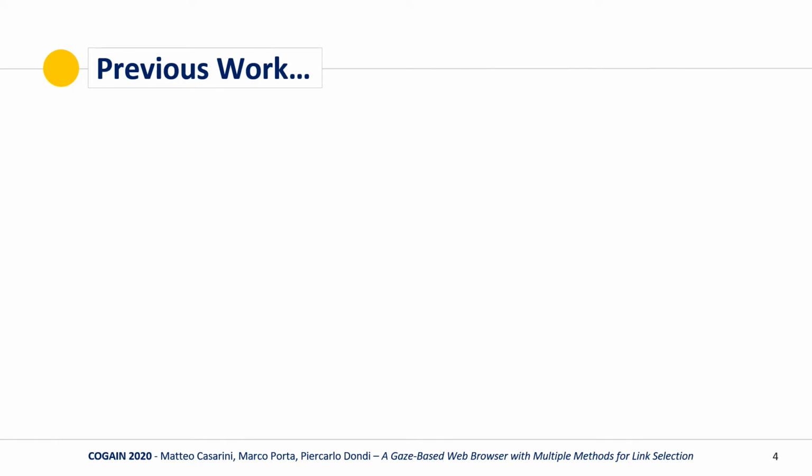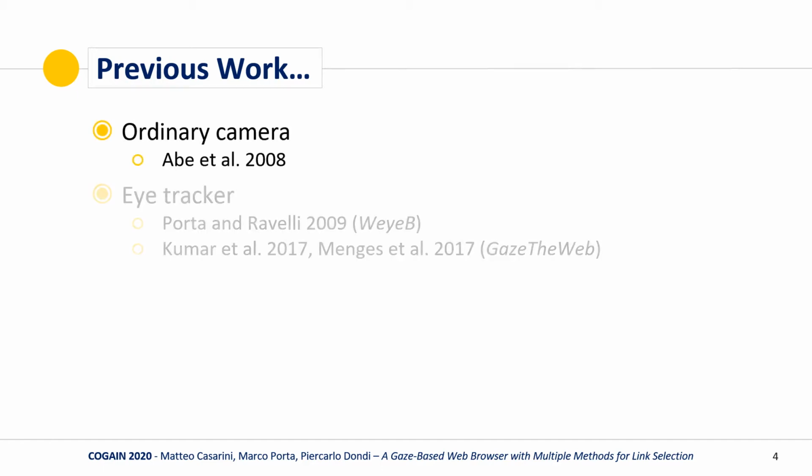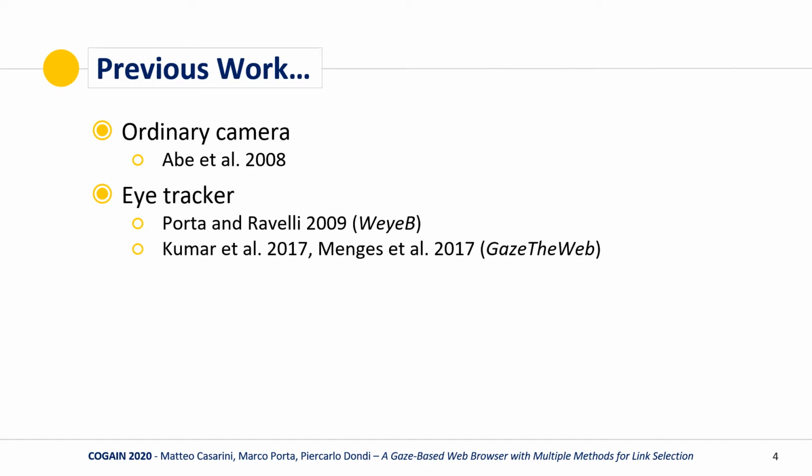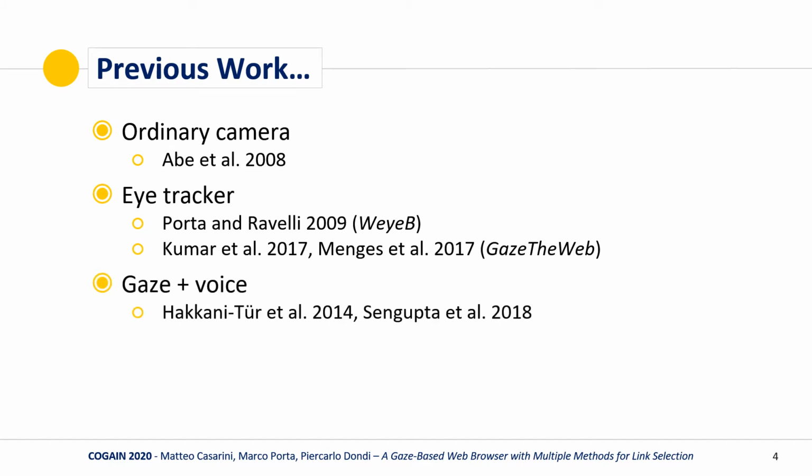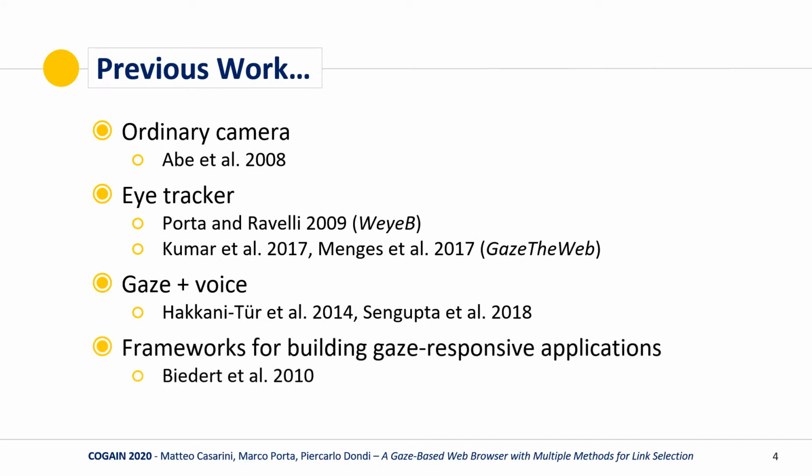Of course, there are already works focused on gaze-based web browsing, for example, exploiting an ordinary camera, or eye trackers like in our proposal, or gaze plus voice, and there are also frameworks for creating gaze-responsive applications in the web context.